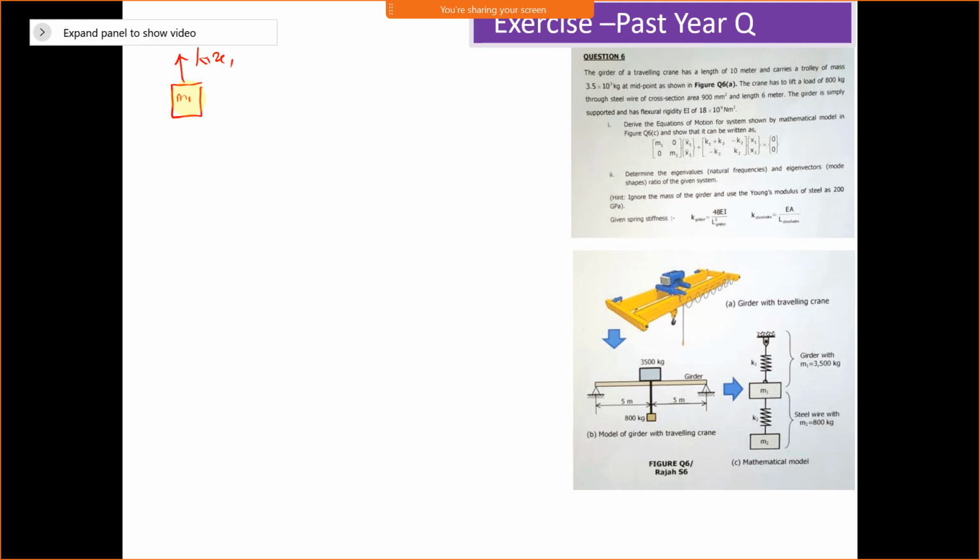Dia macam benda ni suspended. Suspended maksudnya dia tak ada force yang disebabkan oleh mass ataupun gravity. Dia tergantung. Kita tak consider mg lah. So apa yang kita ada hanyalah force due to K2 lah.